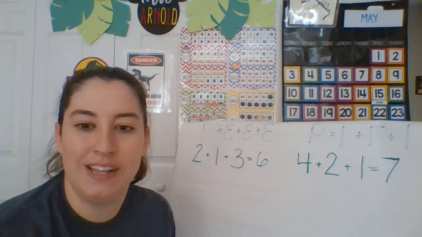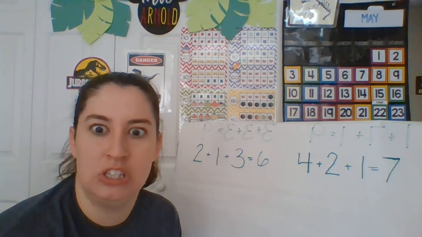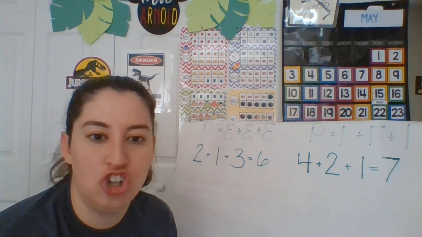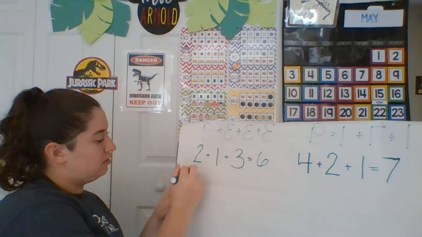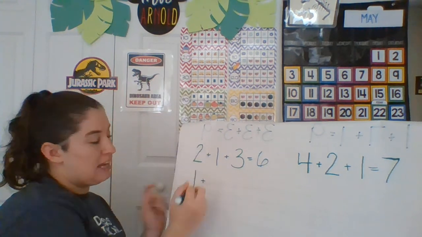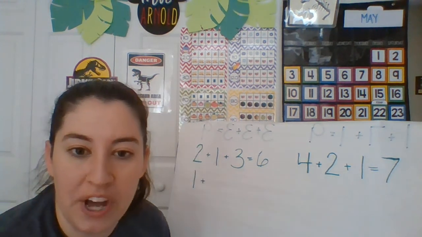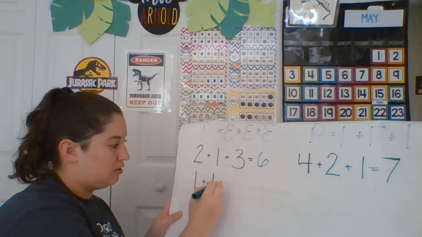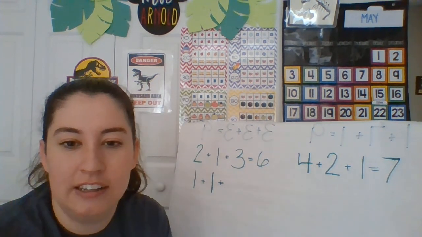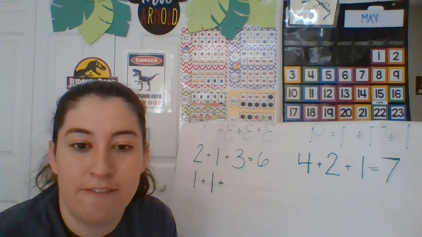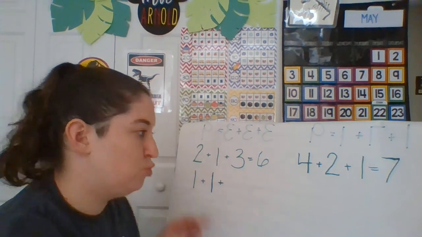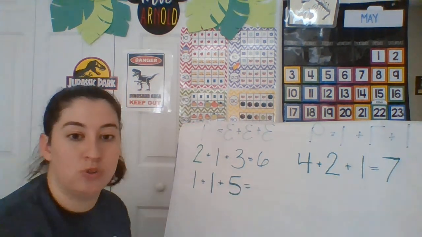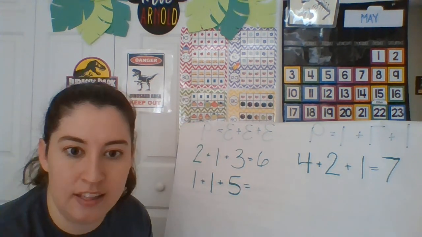Mr. Arnold went out back and he saw dinosaurs. He saw 1 giant T-Rex. He saw 1 giant Spinosaurus. And he saw 5 baby Triceratops. How many dinosaurs did Mr. Arnold see in the backyard?